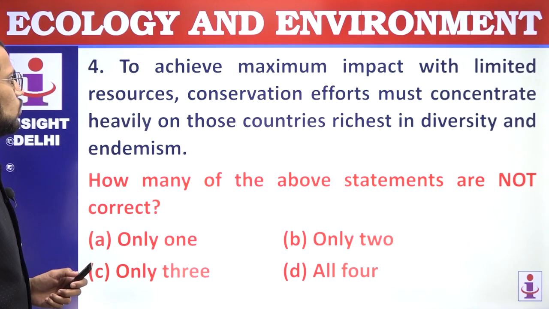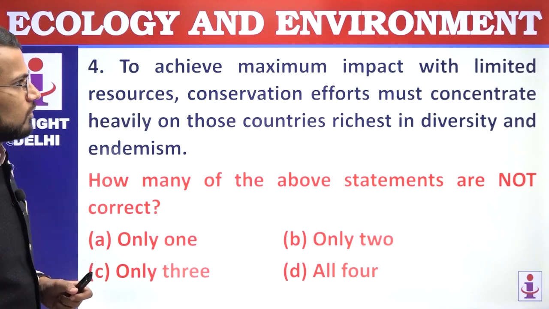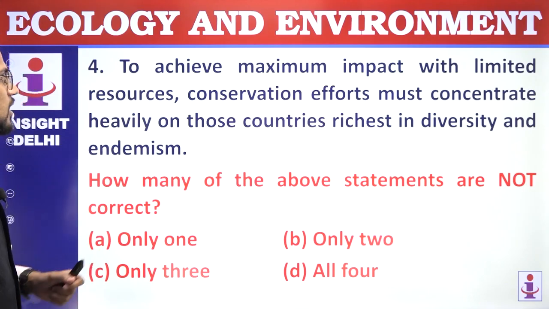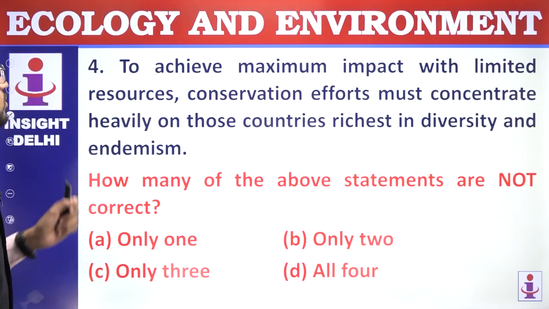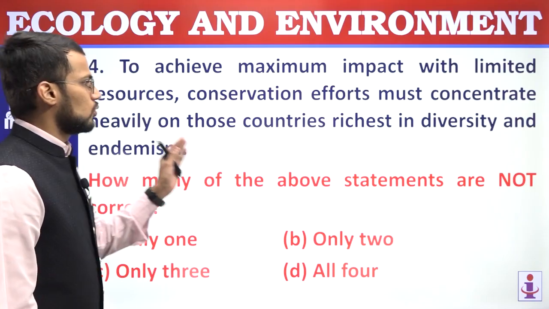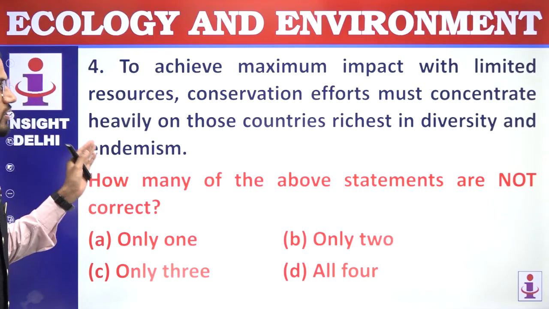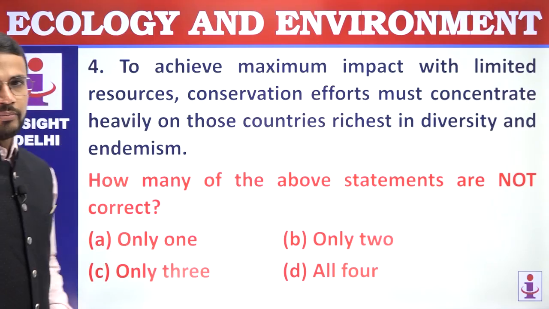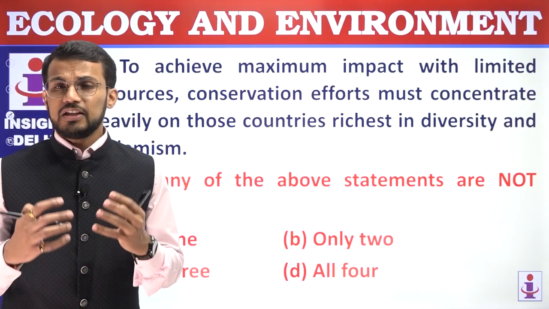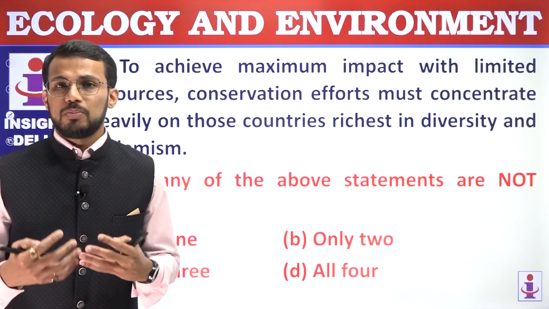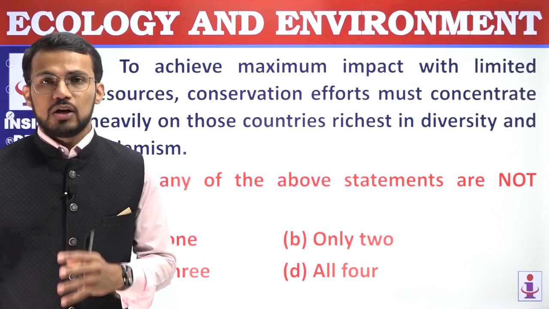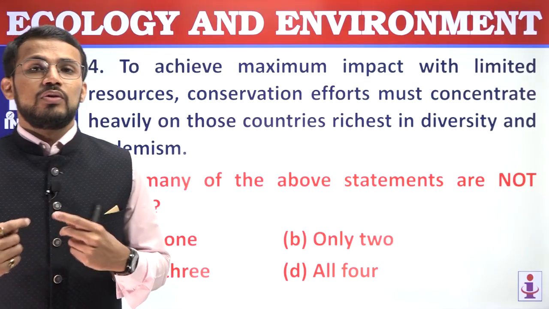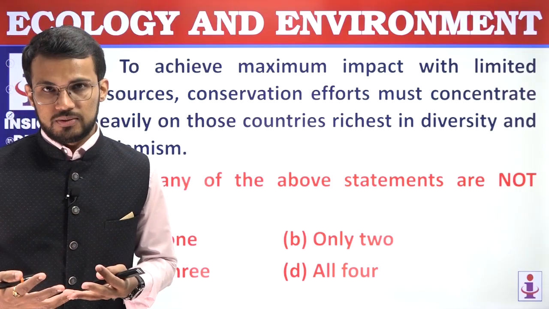Fourth, to achieve maximum impact with limited resources, conservation efforts must concentrate heavily on those countries richest in diversity and endemism, right? So in such countries which have more biodiversity, if we focus conservation initiatives, we'll be able to get better rewards, right?